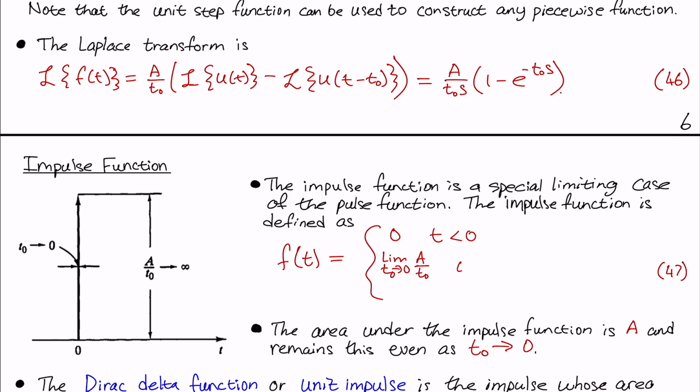This is true for t greater than 0 and less than t0, and then 0 for t greater than t0. The key idea here is that the area underneath this impulse function is equal to A, and this is true even as this t sub 0 goes to 0.